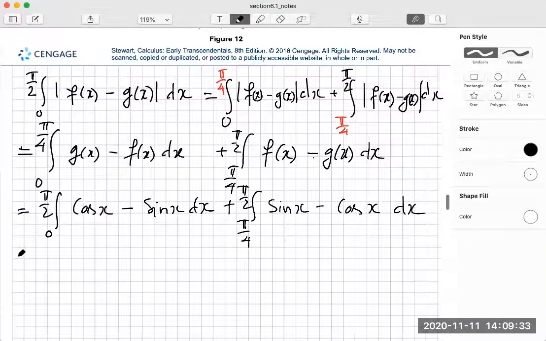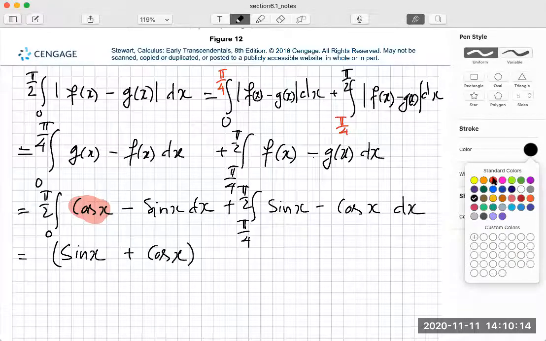So what should we do now? Yes, we need to find the antiderivative. So what is the antiderivative of cosine? Very good. And the antiderivative of negative sine here? Yeah, cosine. Good job.